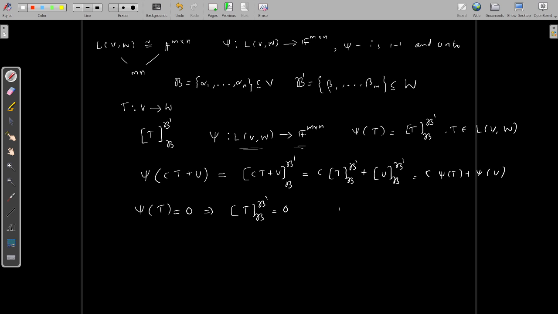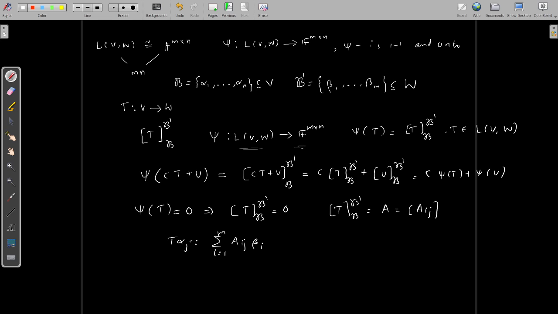If the matrix of T relative to B and B prime is represented by some A consisting of A_ij, then the definition is T alpha j equals the summation over i from 1 to m of A_ij beta i.